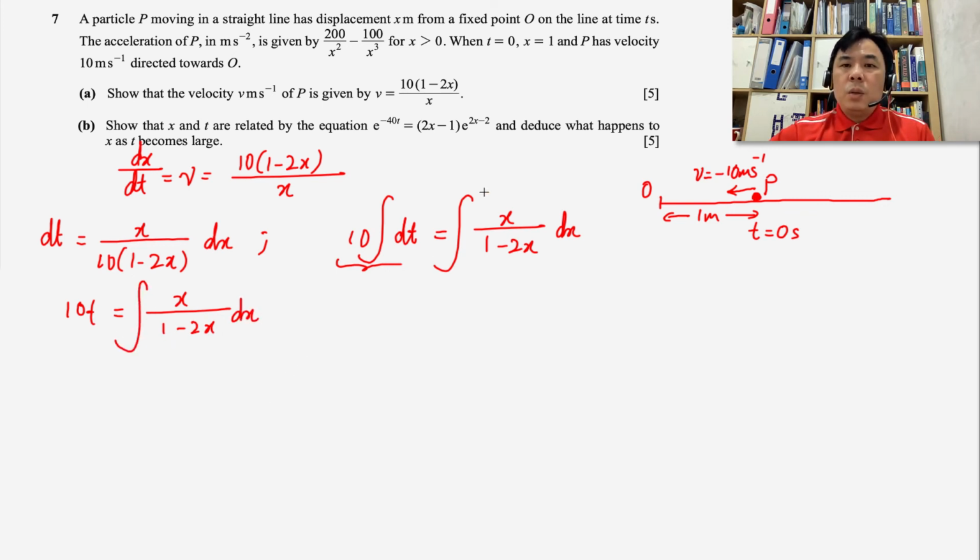Now you still remember, in order to integrate this, you have to apply partial fraction. But bear in mind, before you apply partial fraction, you must check the degree of the numerator and the denominator. If the degree of the numerator is the same or higher than the degree of the denominator, it's best to perform a long polynomial division before obtaining the partial fraction.